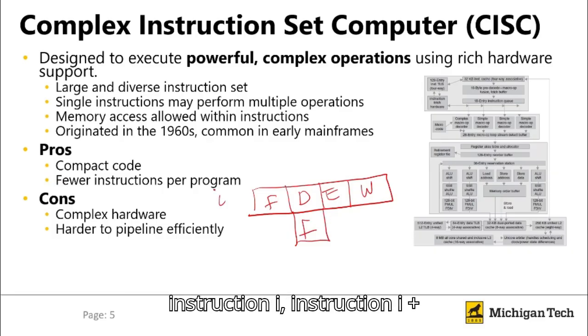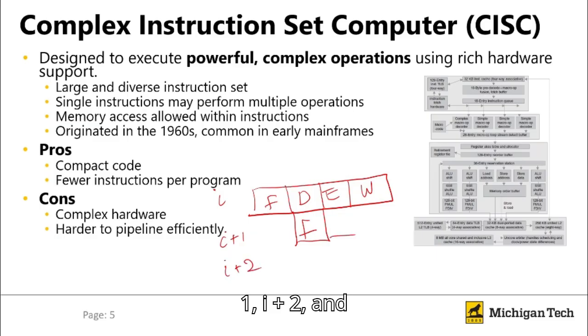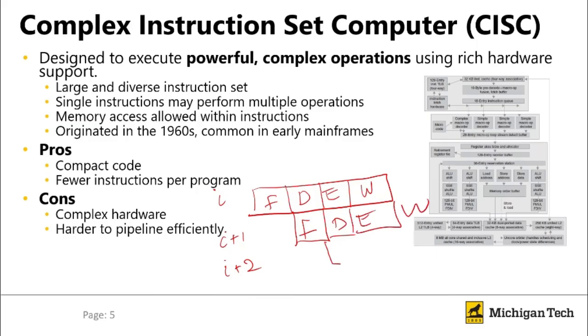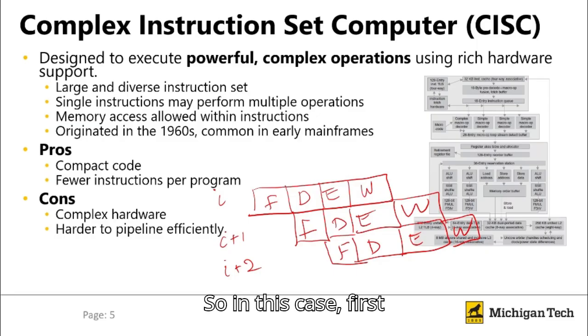This is instruction I plus 1, I plus 2, and decode, execute, and write back. Fetch, decode, execute, and write back, for example. So in this case, the first instruction needs 4 cycles, but after that, each instruction just needs 1 cycle.